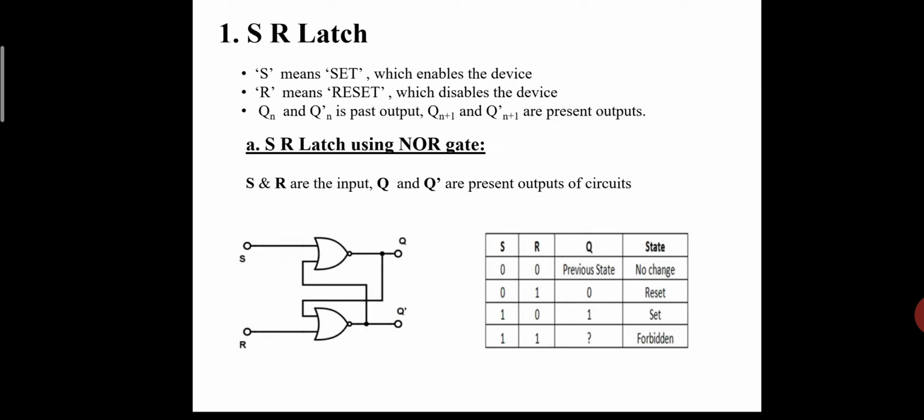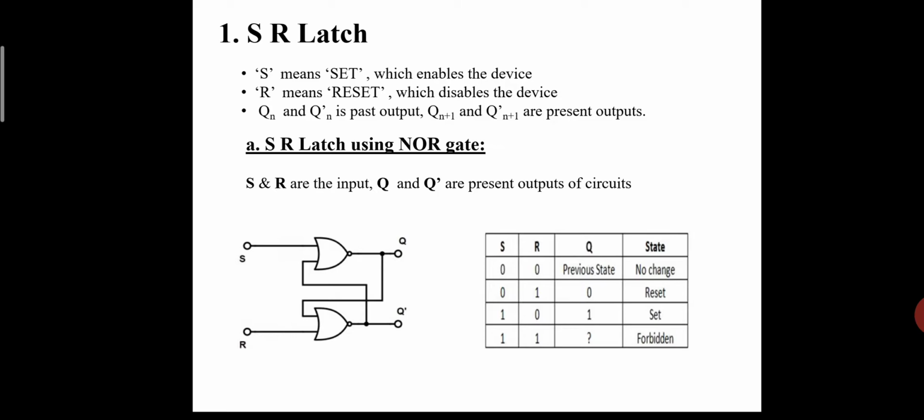SR latch can be achieved in two ways. SR latch using the NOR gate is a positive logic implementation. Positive logic means logic 1 represents logic high, and logic 0 or binary 0 represents logic low. In negative logic it's vice versa.